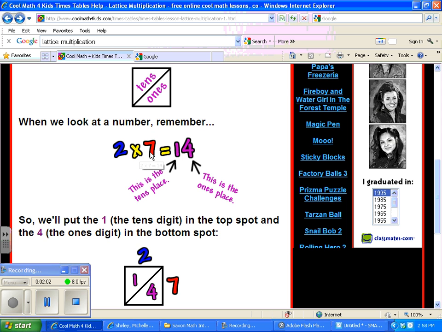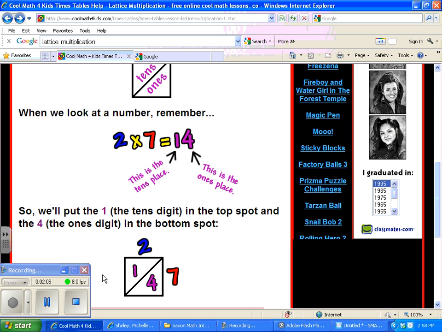So 2 times 7, we know that's 14. Here's what it would look like with lattice multiplication. You draw a square, you divide it in half diagonally, and this is like reading a multiplication table. We say 2 times 7 is 14. So you put your tens on the left and your ones on the right.